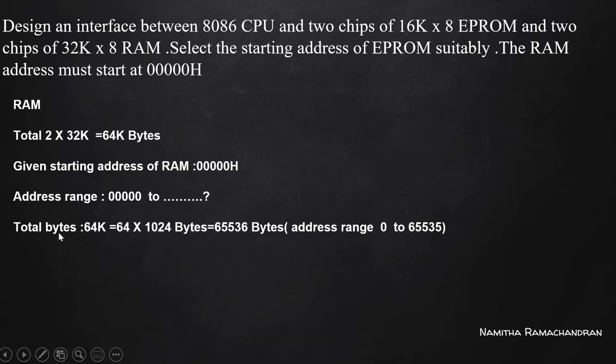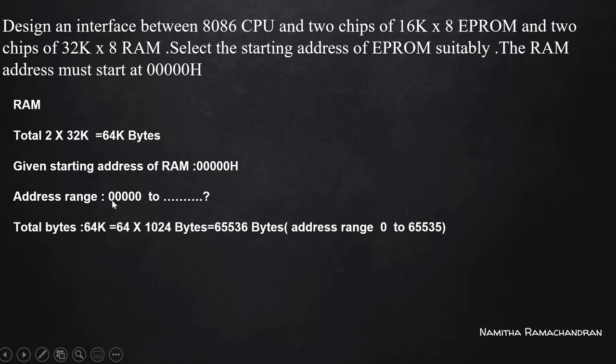Consider this again. 64K bytes means 64 into 1024, since K means 1024. 64 into 1024 is 65536 bytes total in decimal.